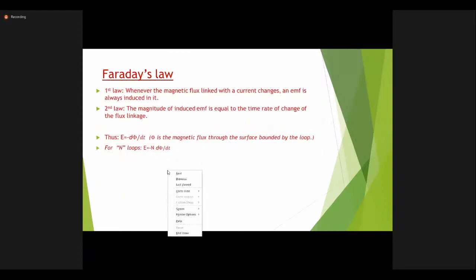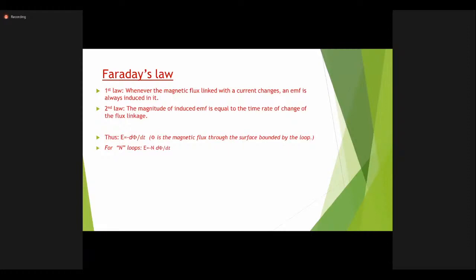Faraday's law. According to Faraday's law, whenever the magnetic flux linked with a circuit changes, then an EMF is generated. It has two laws. The first law is whenever the magnetic flux linked with the current changes, then an EMF is induced. The second law, the induced EMF has a magnitude equal to the time rate of change of the flux.